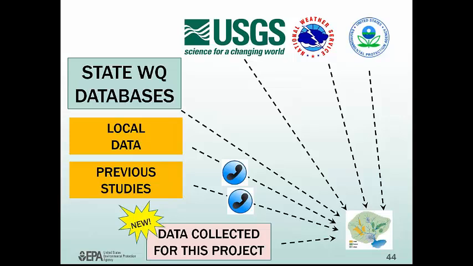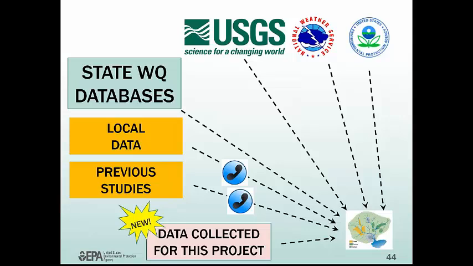Also, there's many times previous studies have been done. We are building on the work of others, and you can contact potentially even the modeler who built the previous model, or just find out specific data that was collected before.